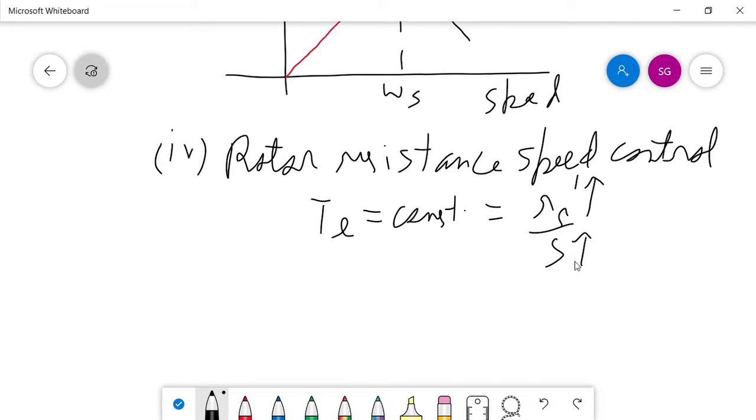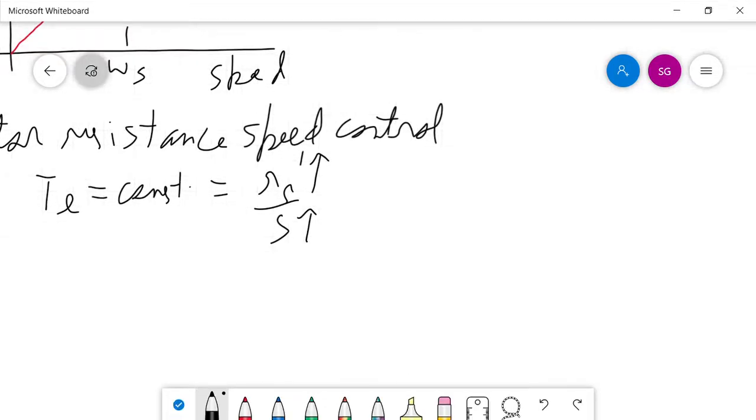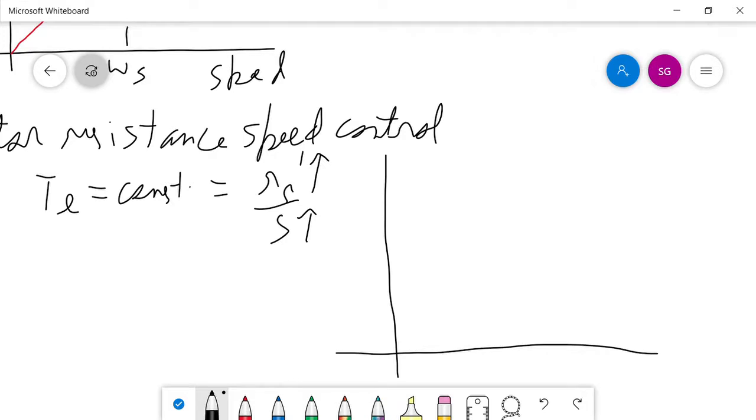So how will it look like? Just let me draw the graph so it will be more clear for you. Let us say this is torque slip characteristic for some resistance.